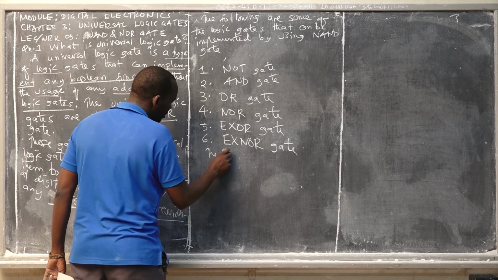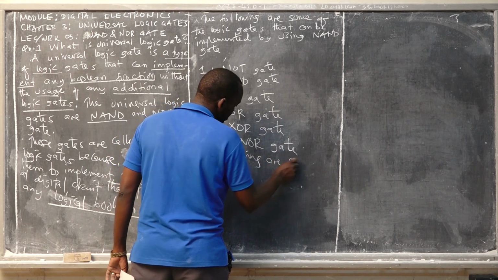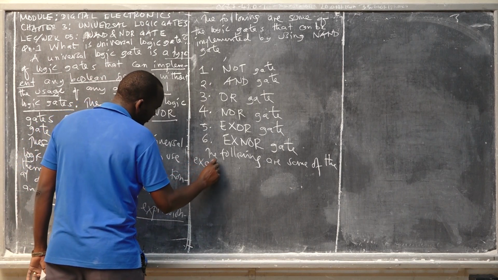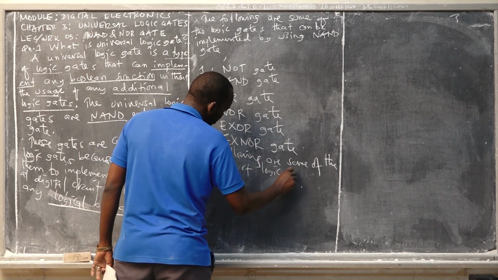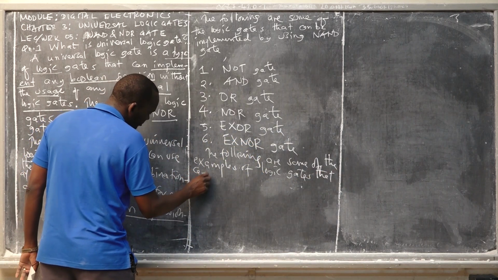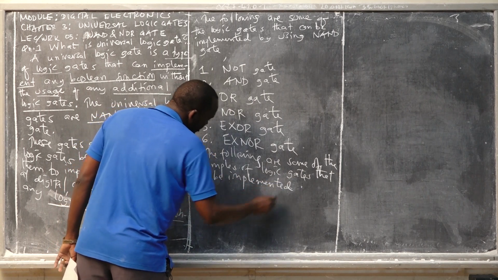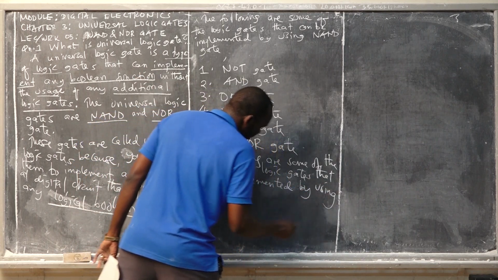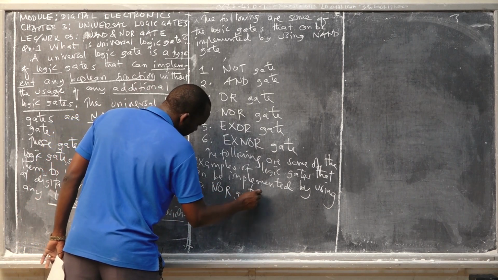Also, the following are some of the examples of logic gates that can be implemented by using the NOR gate.